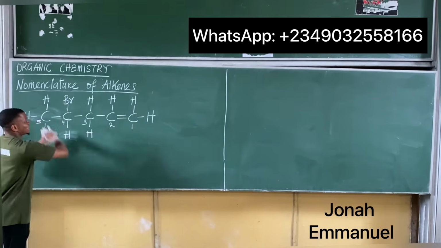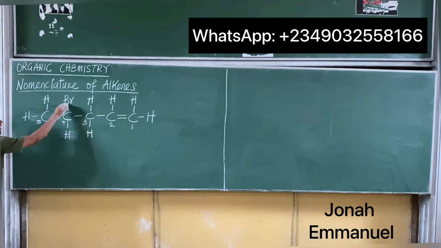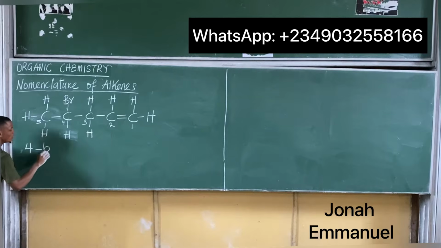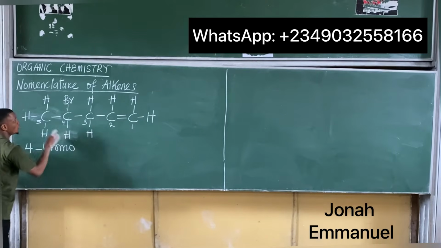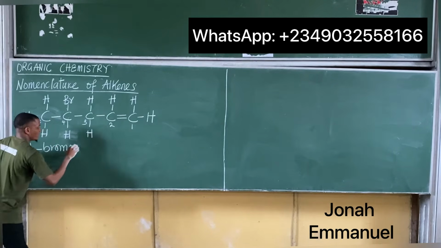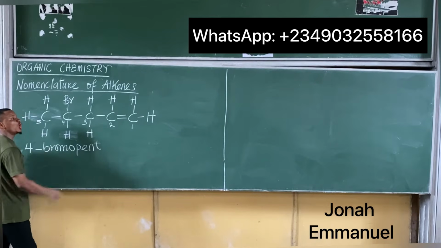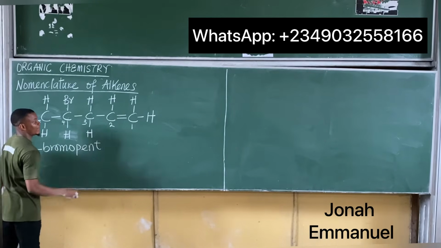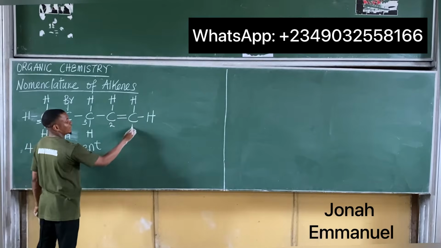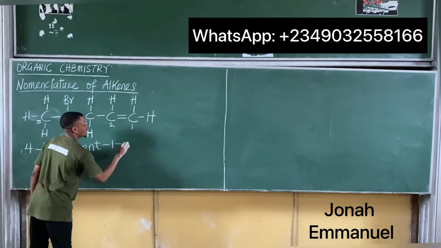In other words, the number of this compound becomes from here to here 4 bromo. 5 is what? Pent. I said show the position of the double bond using numbers. This one is attached to compound what there? 1 ene.